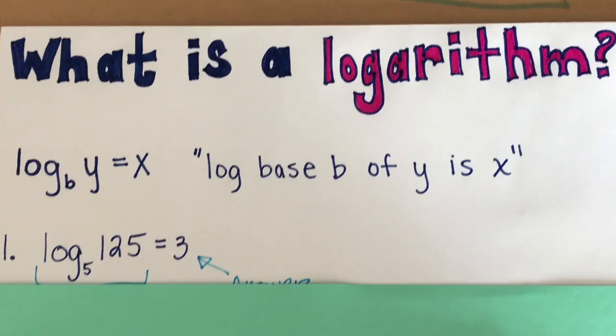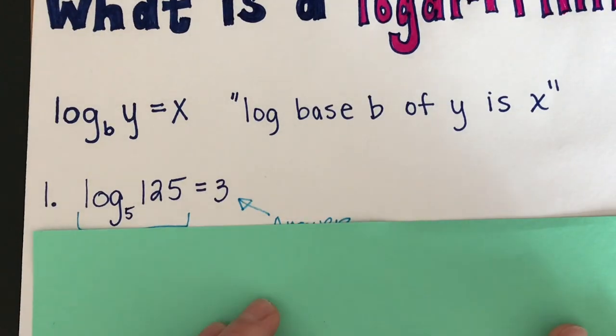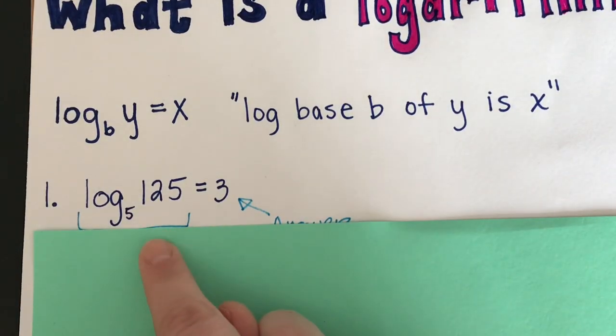So if you guys take a look at this here, this is a logarithm. Log base 5 of 125 is 3. Well, if you could do the warm-up, you should be able to understand this.